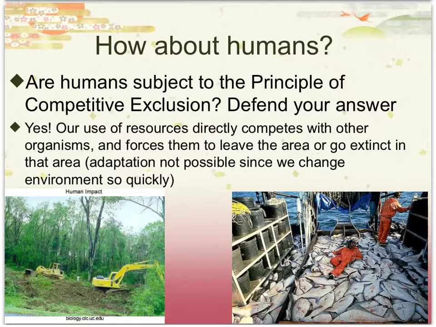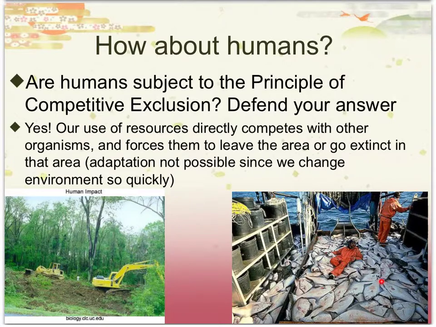I believe that yes, humans are indeed subject to the principle of competitive exclusion because our use of resources directly competes with other species or organisms and forces them to leave the area or go extinct in that area.